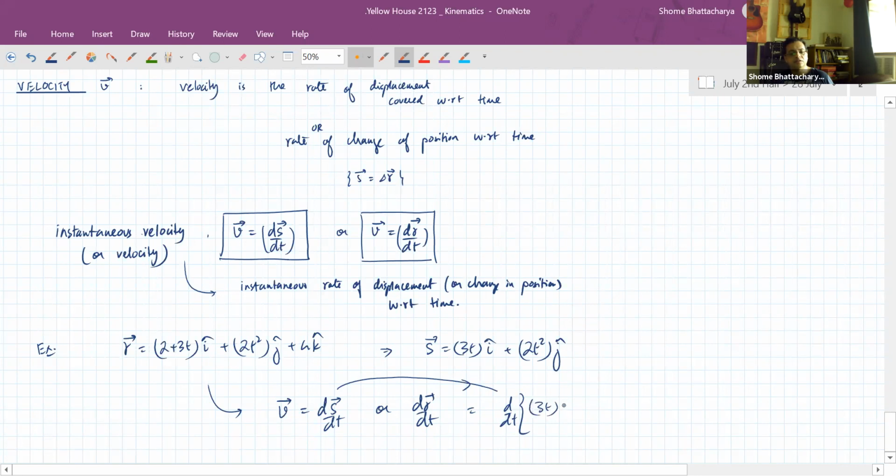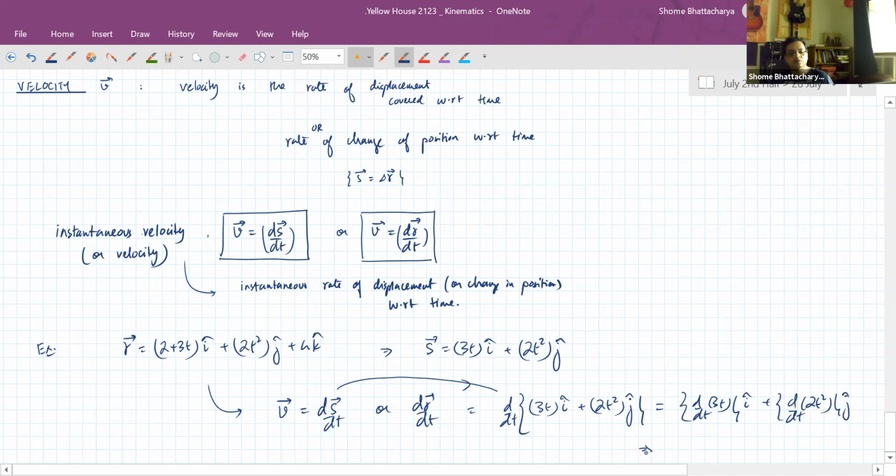When we differentiate a quantity which has i cap and j cap, that is, a vector quantity in component form, we just apply differentiation by the normal principle, treating i cap and j cap like constants. So differentiation applies to the x component, the whole thing multiplied by i cap, then differentiation of the y component, the whole thing multiplied by j cap.